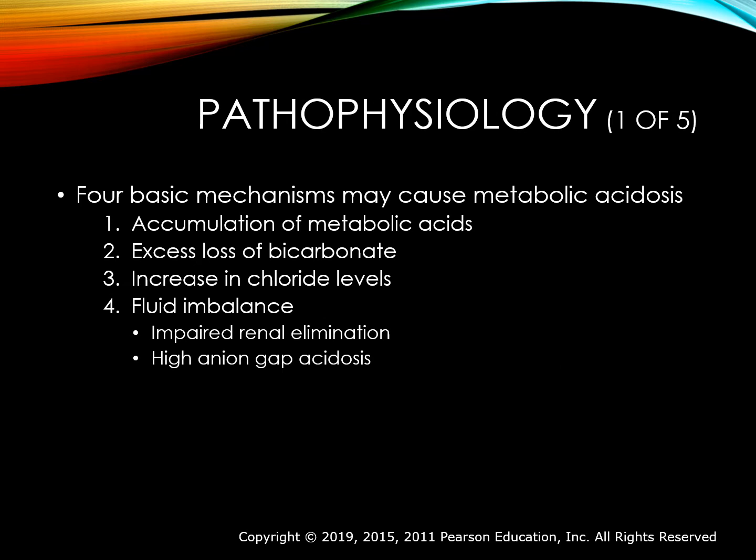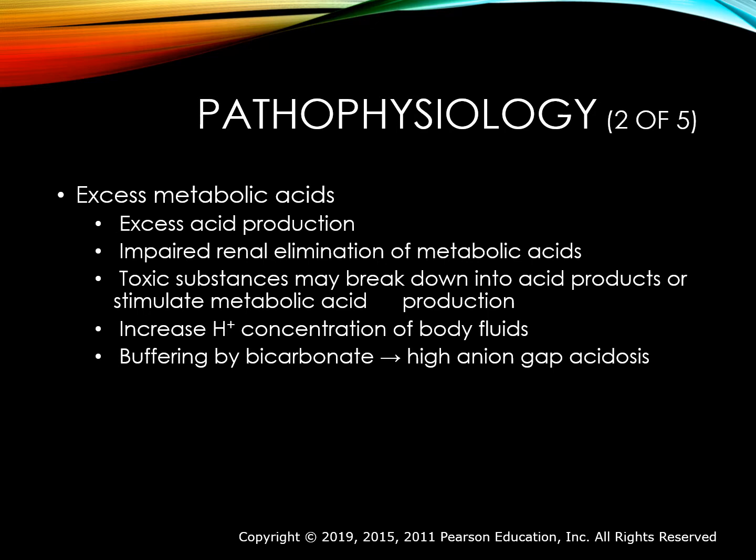So the patho has four basic mechanisms: accumulation of metabolic acids, excess loss of bicarbonate, an increase in chloride levels, and fluid balance. An accumulation of metabolic acids can result from excess acid production or impaired renal elimination of metabolic acids. Lactic acidosis develops due to tissue hypoxia and a shift to anaerobic metabolism by the cells.